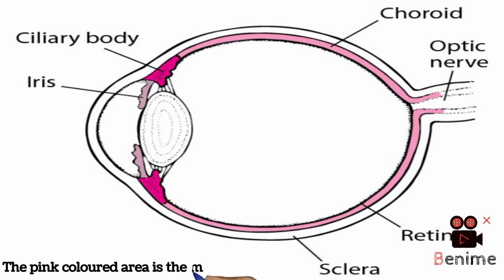So now when you come to the eye, anything that is in front of the lens is known as the anterior chamber, while anything that is at the back of the lens is posterior chamber or posterior segment. The content of the posterior segment includes vitreous humor, retina, choroid, and optic disc.